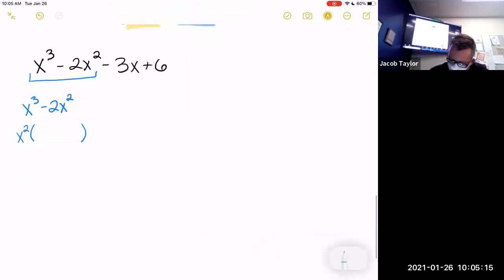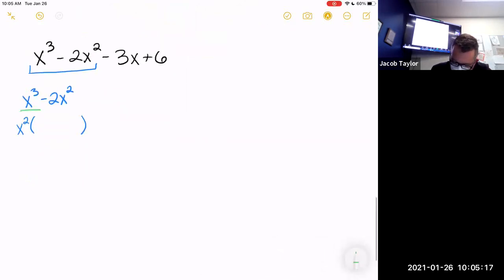Close. Let's go ahead and write it out. x cubed divided by our greatest common factor is x. 2x squared divided by our greatest common factor is 2, with a minus sign in between.